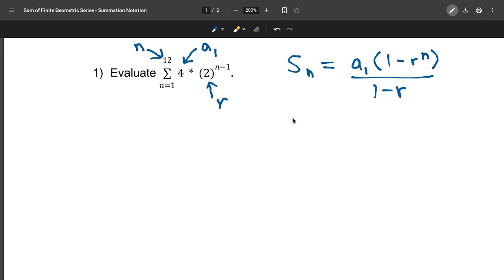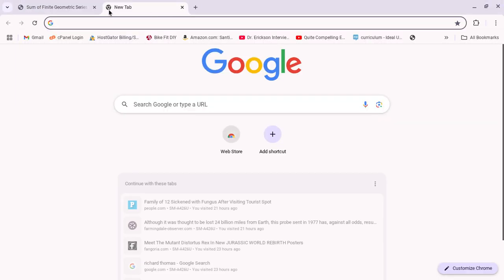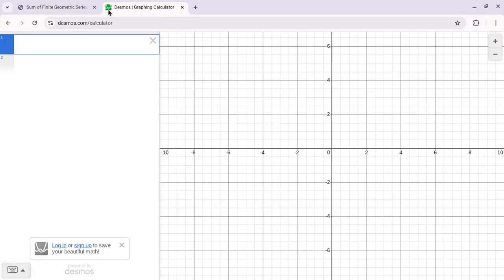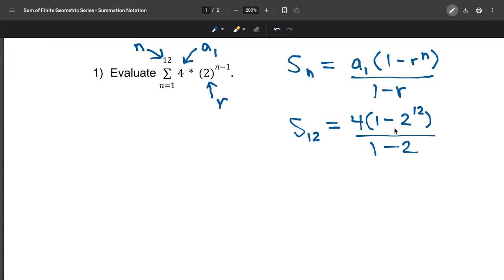So in this particular case, the sum of 12 terms equals the first term, 4, times 1 minus 2 raised to the 12th power, all divided by 1 minus 2. So I'm going to open up a tab and open up Desmos, and let's just plug this in.